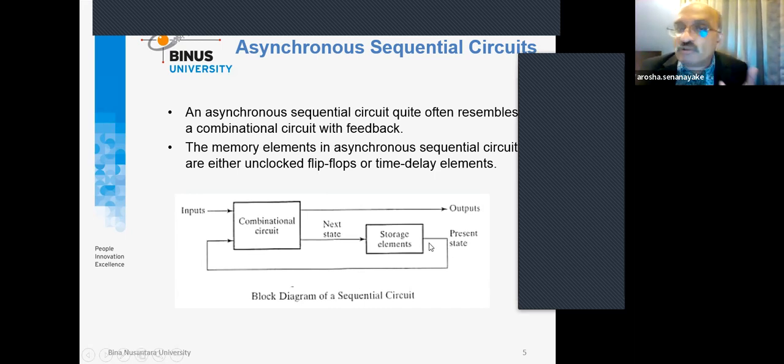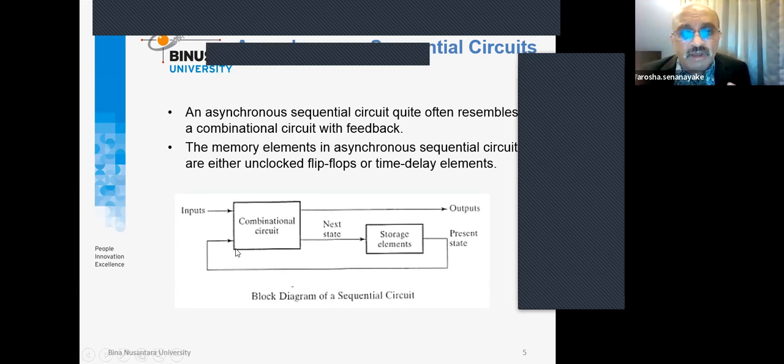But of course, we don't really require memory as such, because we might use a simple logic gate as a time delay element, so that there will be a delay to get into the input of the combinational circuit.